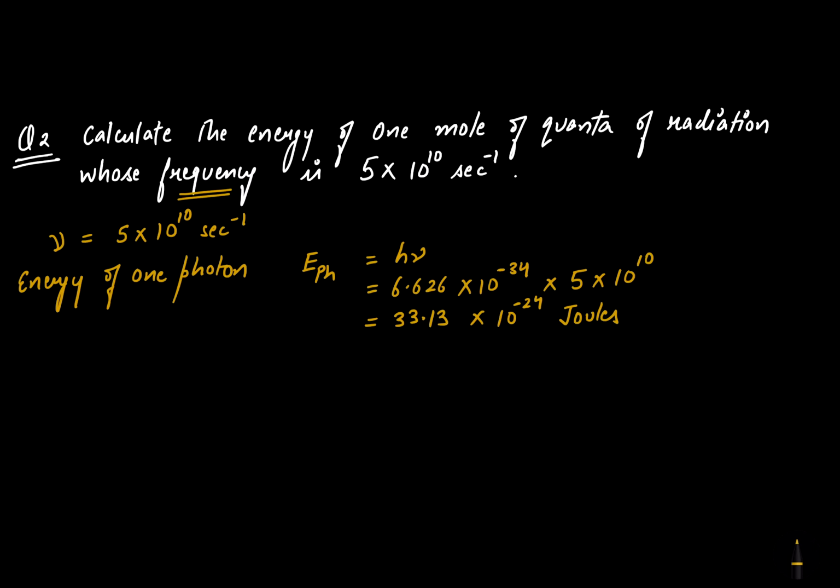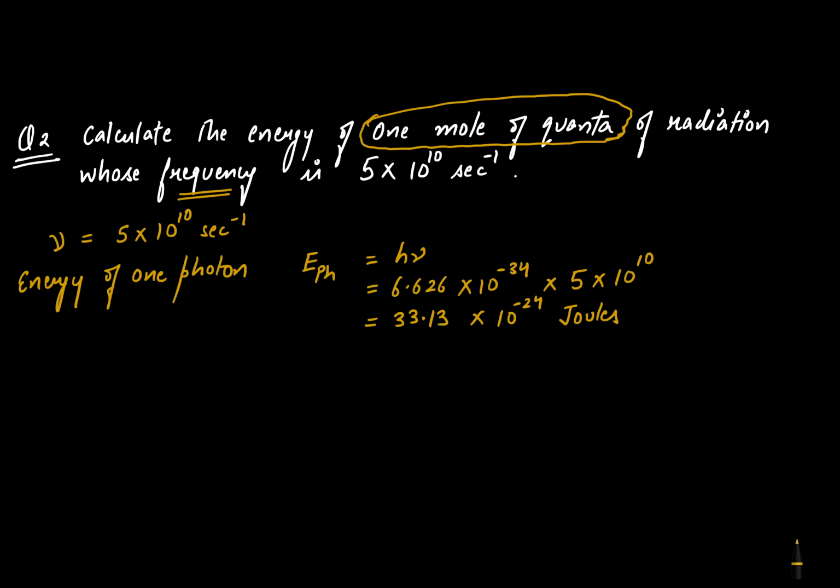Now the question is asking about the energy of 1 mole of quanta, or 1 mole of photons. How many units are there in 1 mole? It is 6.022 into 10 to the power 23.